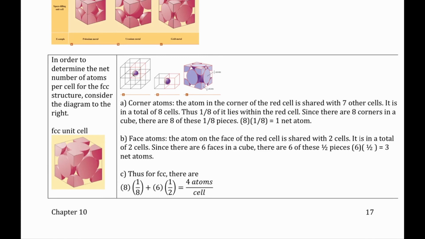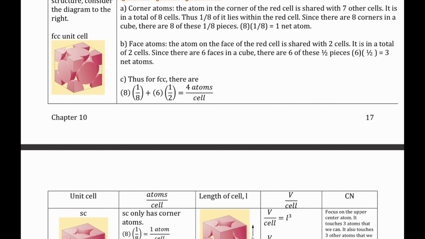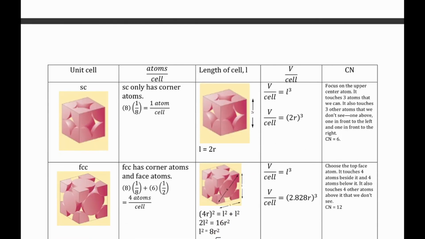Since there are 6 faces in a cube, there are 6 of these half pieces. 6 times a half equaling 3 net face atoms. Thus, for FCC, there are 8 times an 8th plus 6 times a half, or 4 atoms per cell. And that's always true in the FCC structure, regardless of which metal we're talking about.